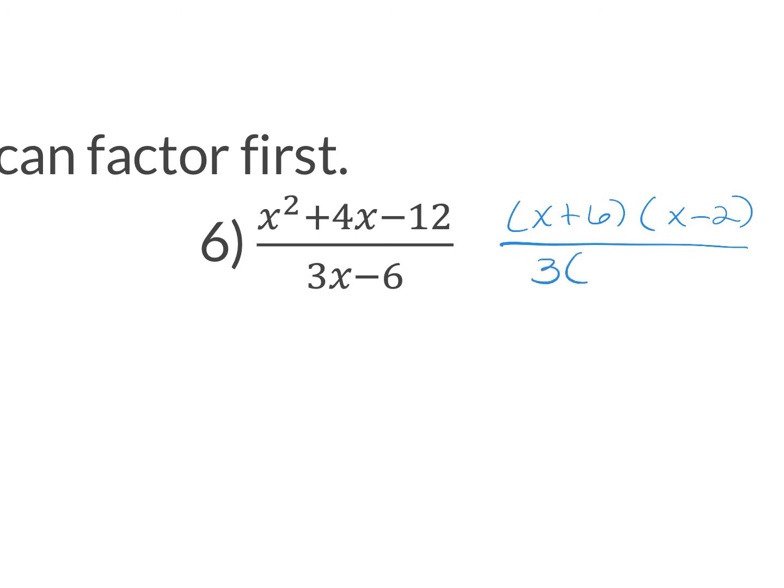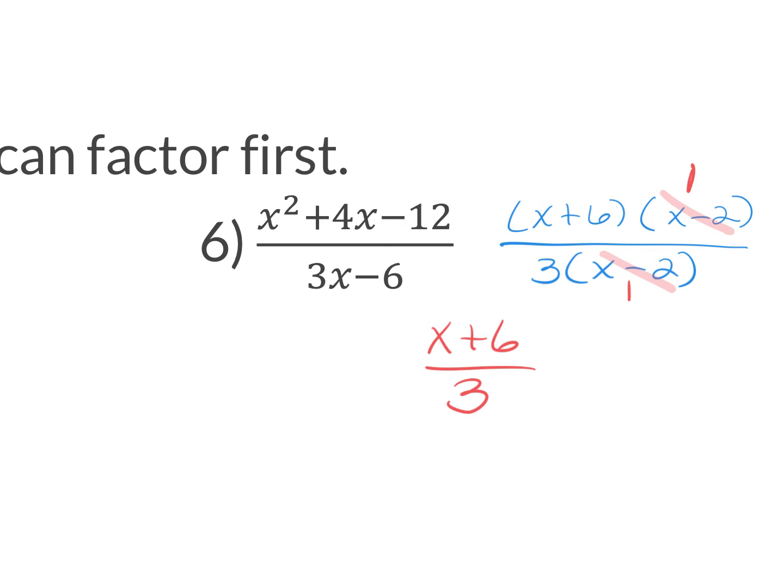And then I'm left with 3 times x minus 2. I now have a match, and I can cancel the x minus 2's. I'm left with 1's. Now, what I have left is x plus 6 over 3.